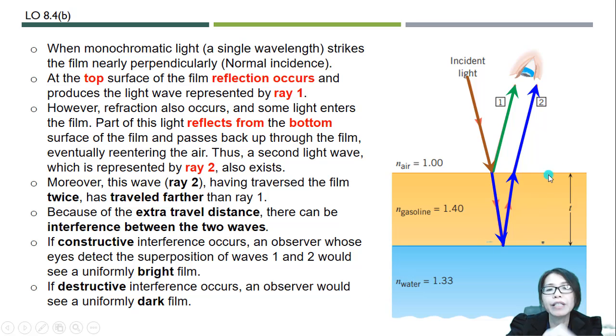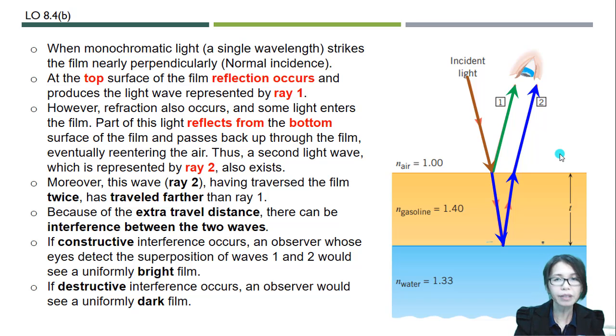But if destructive interference occurs, an observer would see a uniform dark film. So whether we see a bright film or a dark film depends on whether constructive or destructive interference occurs for the two reflected rays. So this is how interference occurs in the thin film.